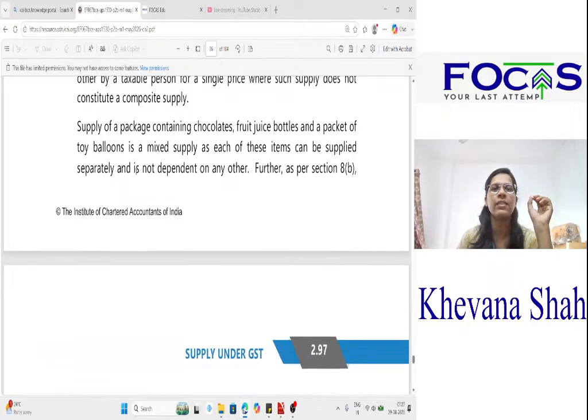Then the next thing we are doing: supply of a package containing chocolates, fruit juice bottles and a packet of toy balloons is a mixed supply, as each of these items can be supplied separately and is not dependent on each other.